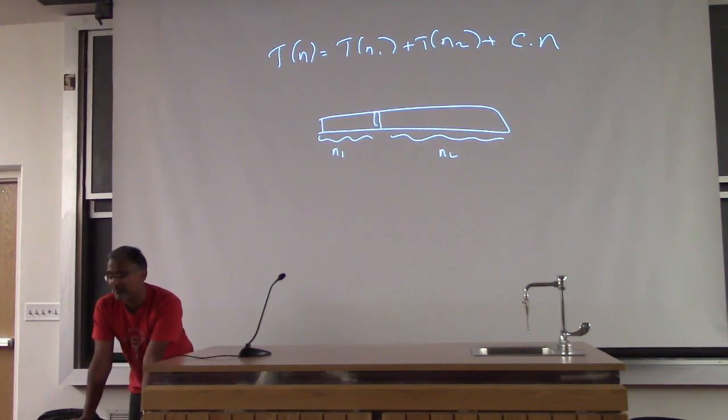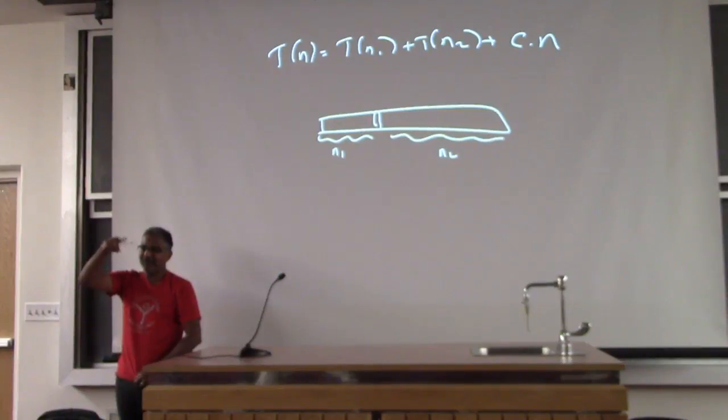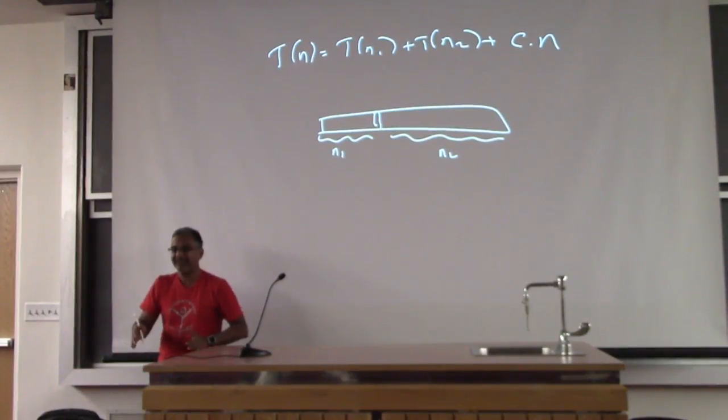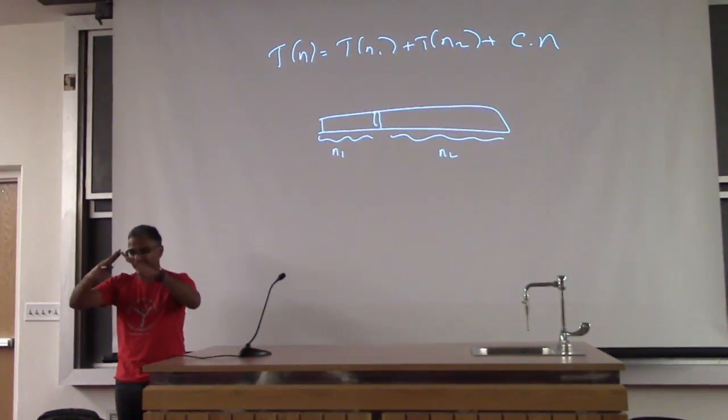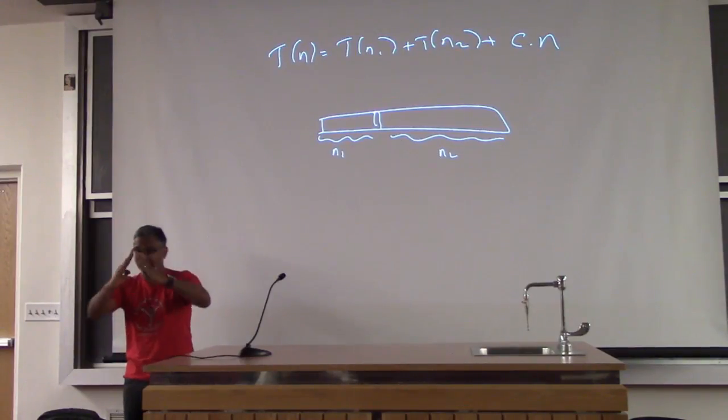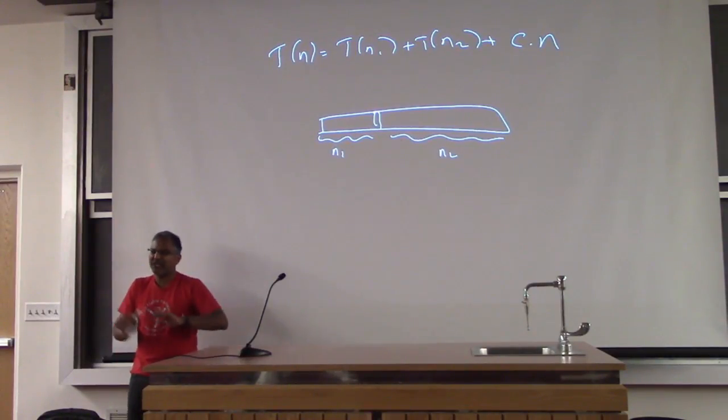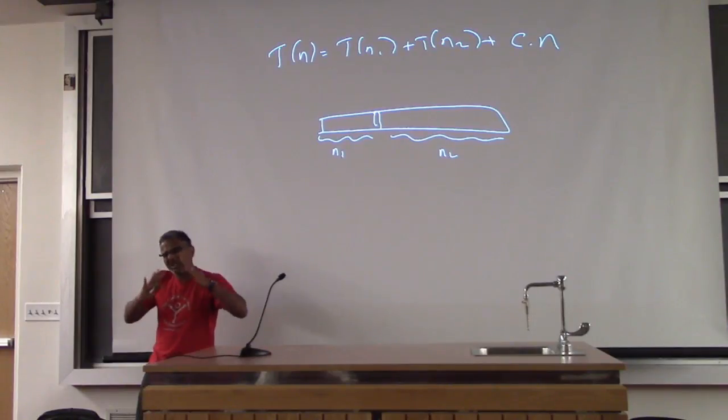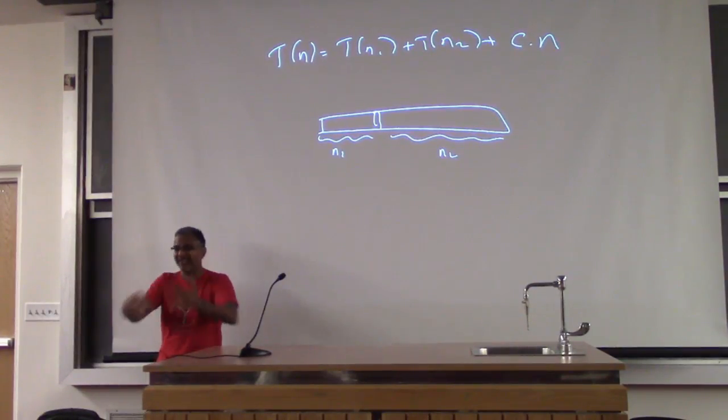When we talk about randomized algorithms, we'll see how analyzing these can get a lot trickier, because now you have a random variable controlling the split. So any given split is not going to be nice, half and half. It's going to be different, but on average it looks like half. So how does that change the recurrence? Well, it shouldn't change it too much, but it does change it a little bit, and you have to analyze this differently.